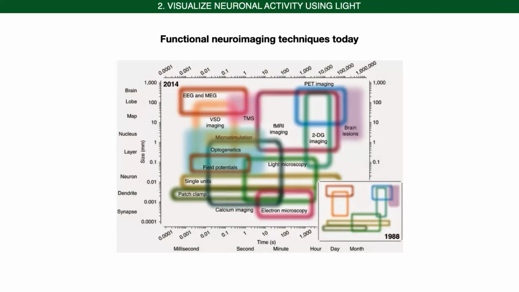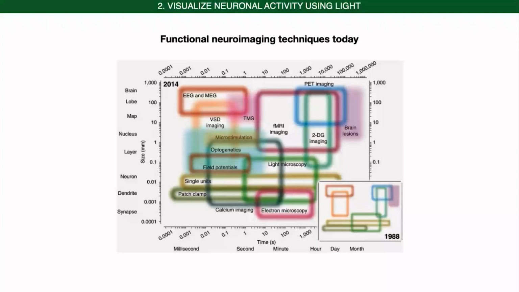While with calcium imaging, that I hope everyone can find here in the diagram, it's on the bottom. So eventually, with calcium imaging, you can target nuclei, so big areas of the brain, layers, neurons, but also dendrites. And sometimes it is possible even to visualize spines just by using calcium imaging.